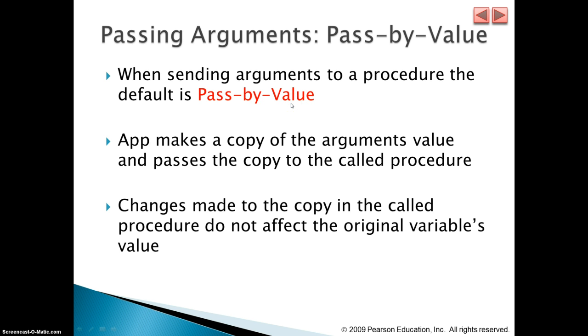So what we've been doing when we list the arguments in a call statement, what's happening is the value is being passed to the called procedure. The app literally makes a copy of the argument and puts it in a new memory location, and in essence then refers to that as a local variable for that particular called routine. So you can make changes and it doesn't affect the original calling variable, because it's just the value being passed and set up as if it's a new variable.